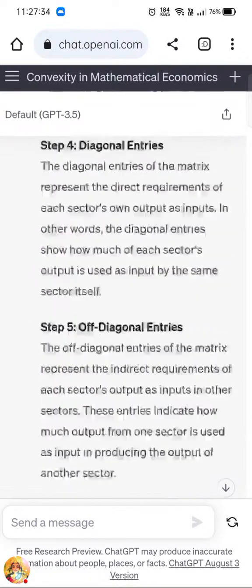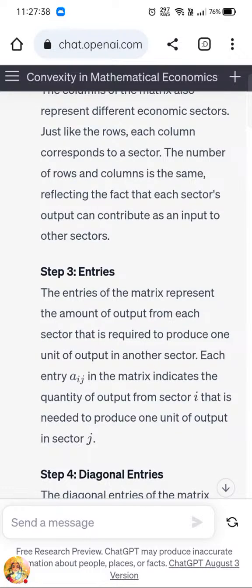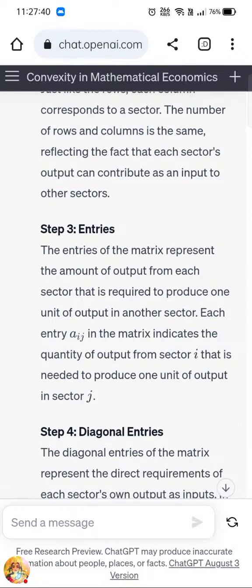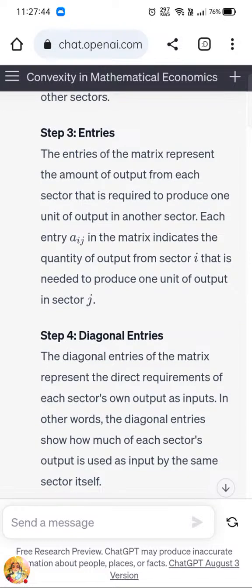So coming to the entries, the entries of the matrix represent the amount of output from each sector that is required to produce one unit of output in another sector. Let me explain again.